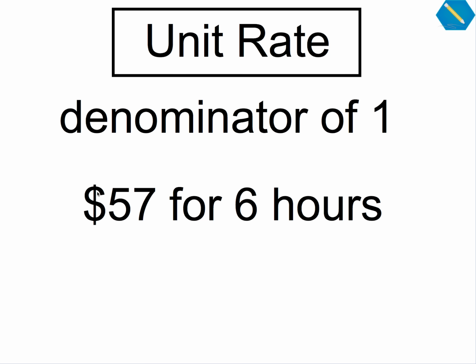One more example like this, $57 for 6 hours. Let's say I worked 6 hours today, I made a total of $57, but I want to figure out how much I made per hour. So I take the first number, 57, divided by the second number, which is 6, and I get 9.5. Now this is incomplete for two reasons.